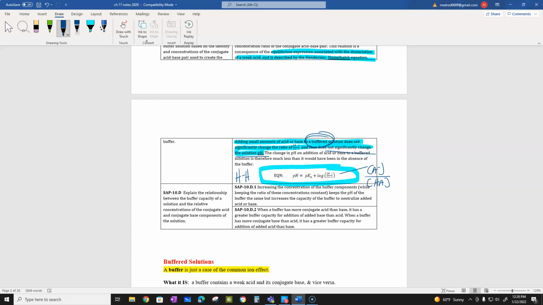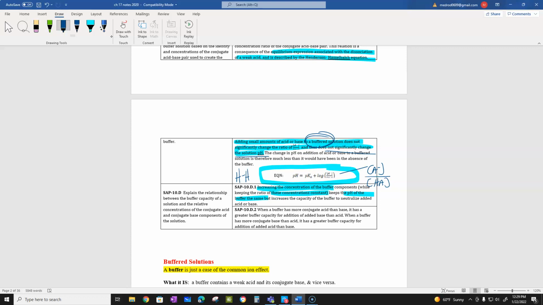Increasing the concentration of a buffer component while keeping the ratios constant keeps the pH of the buffer the same, but increases the capacity of the buffer to neutralize added acid or base. Okay? What they're saying is if you increase the concentration of a buffer component, but as long as the concentrations stay constant, and they're talking about those two right there, then it's going to keep the pH of that buffer the same.